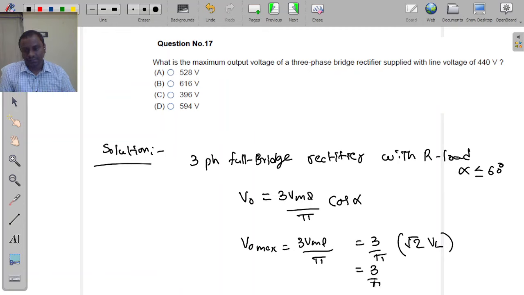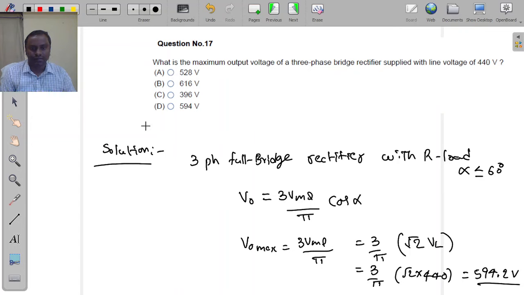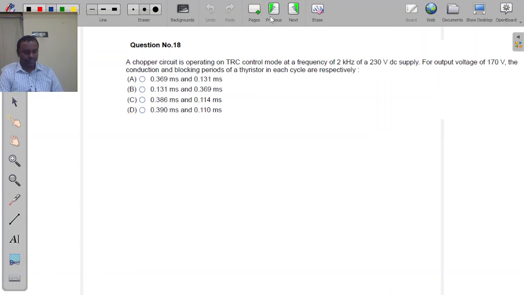So 3 by pi into root 2 into 440 is the line voltage. We substitute, this is 594.82 volt. This is the answer. So the answer for this is option D. Moving into the next question.